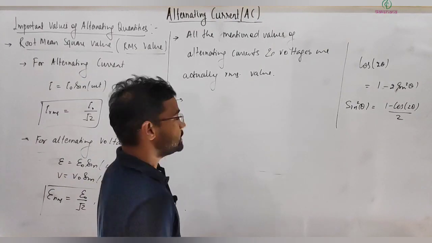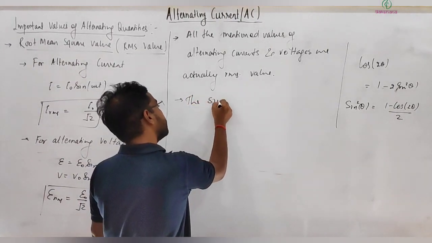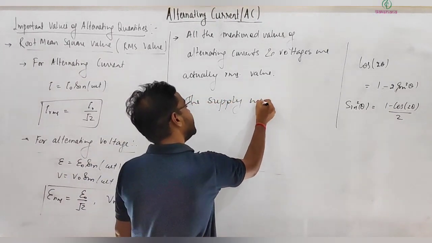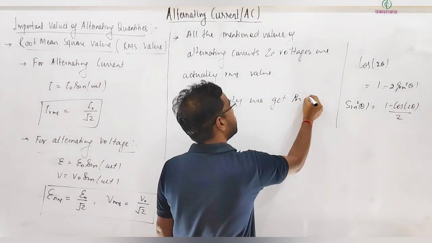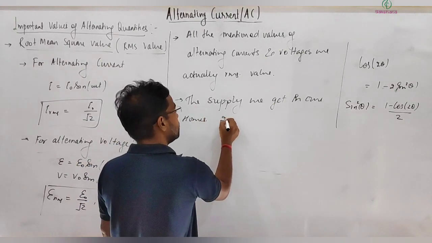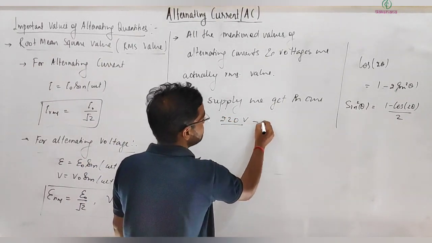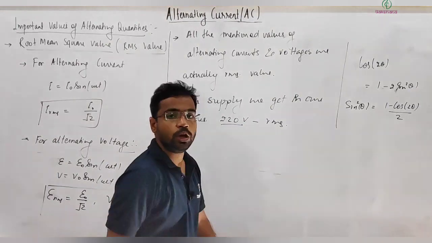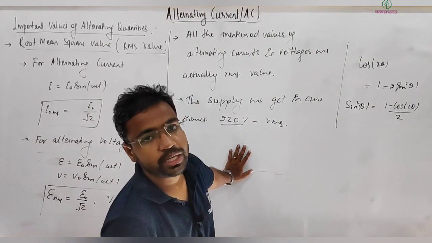The supply we get in our homes is rated as 220 volt. This is also the RMS value of the voltage that we receive in our home.